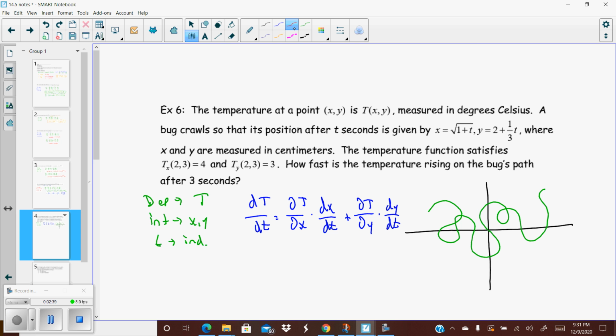So just so we can label some of this stuff, this is how fast the bug moves left or right, basically the horizontal movement. This one, you would think, is how fast the bug moves vertically, or up and down.